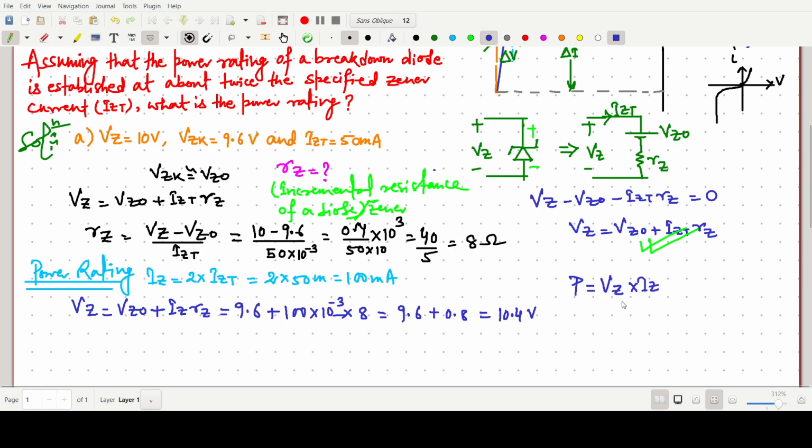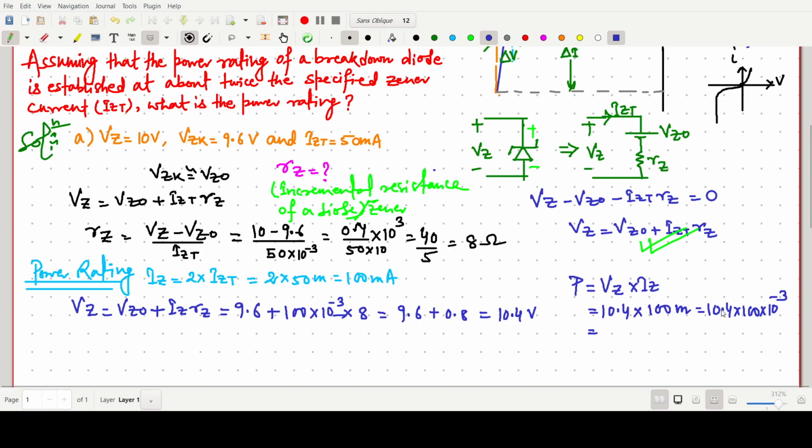Now the power rating P is simply VZ into IZ. VZ is now 10.4, and IZ is 100 milli, 10 to the power minus 3. So 10.4 into 100 into 10 to the power minus 3.